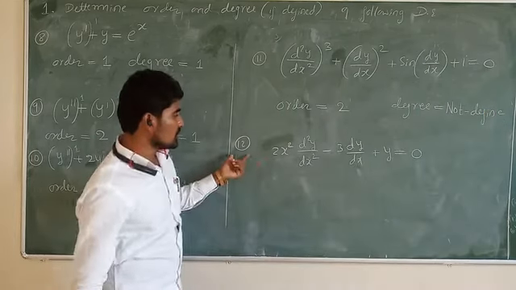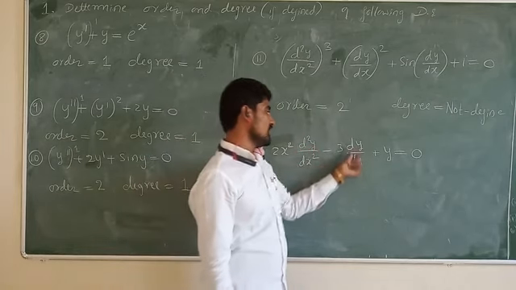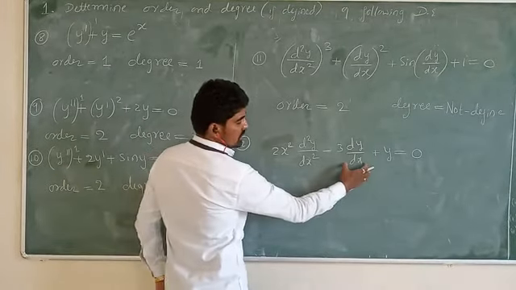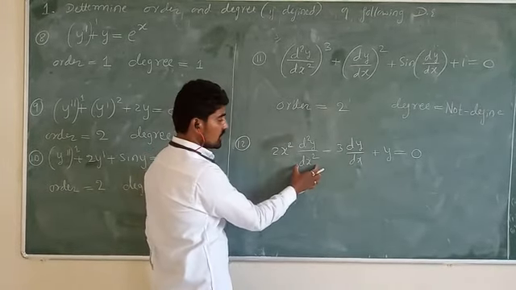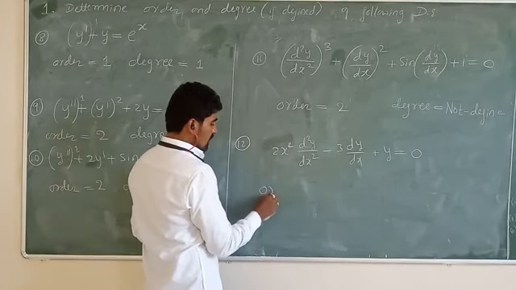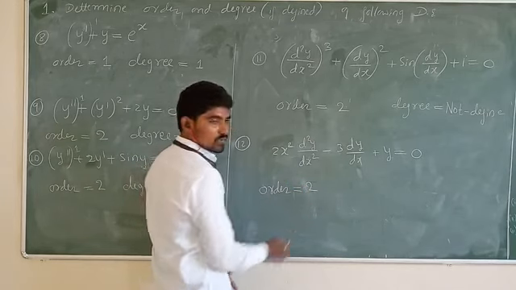And now the 12th question is 2x square into d square y by dx square minus 3 dy by dx plus y is equal to 0. This is the first order derivative, this is the second order derivative. Among these two the highest order is second order. Therefore the order of this differential equation is 2.